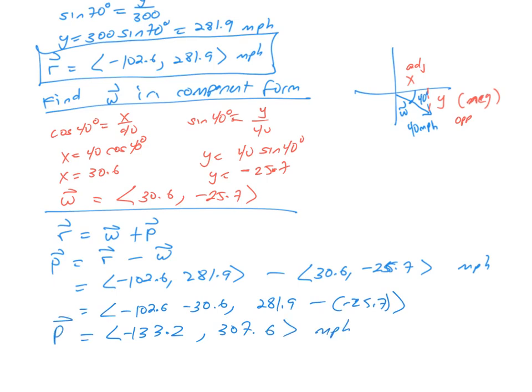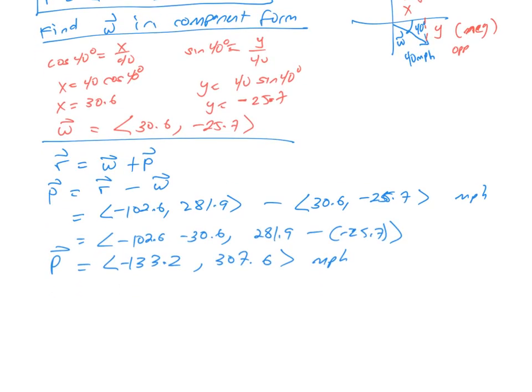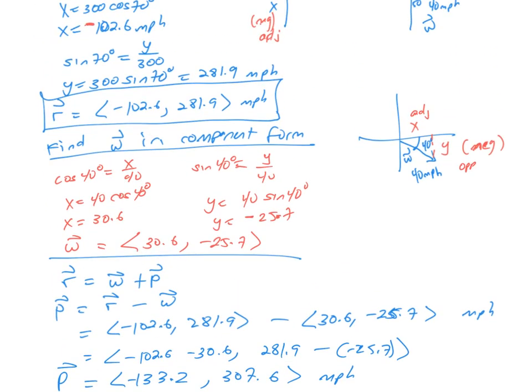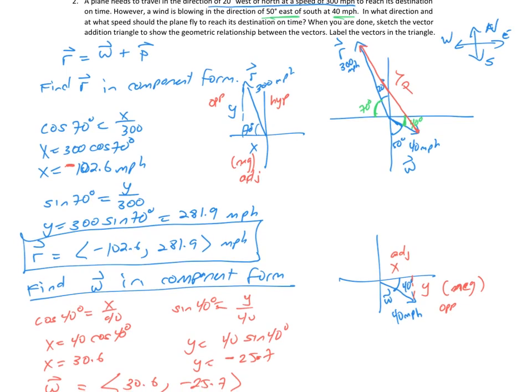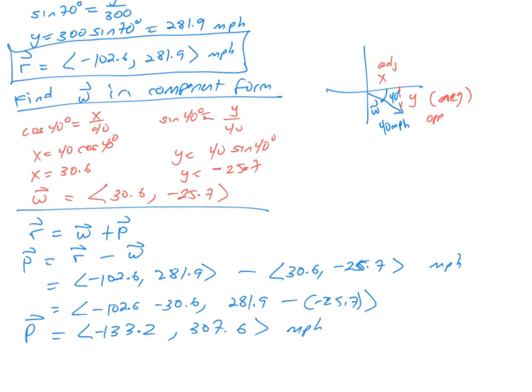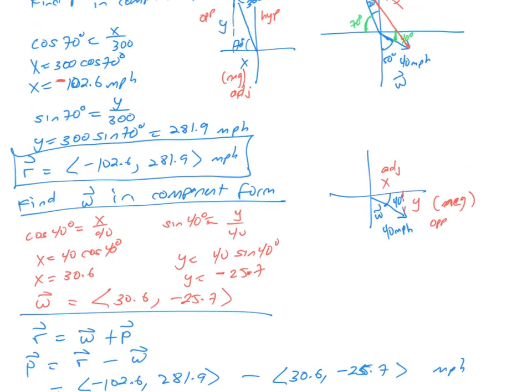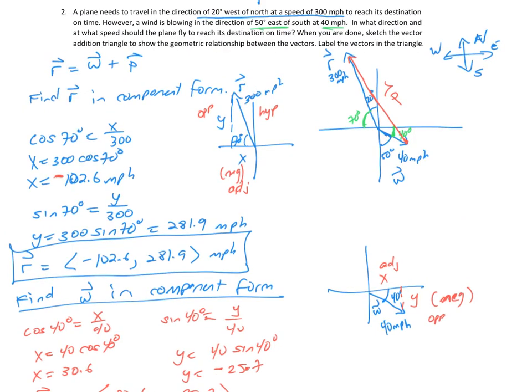That's the course for the plane. But we need to write this in terms of magnitude and direction, not in component form. So if we look back up at our plane vector, we got that this was negative 133.2 and 307.6. So just to see if it makes sense, this is our plane vector. So negative 133.2 horizontally and 307.6 seems reasonable.